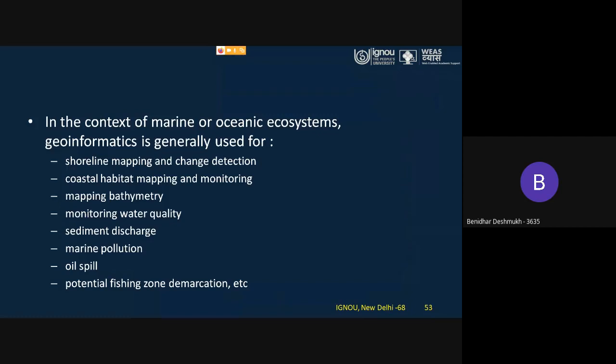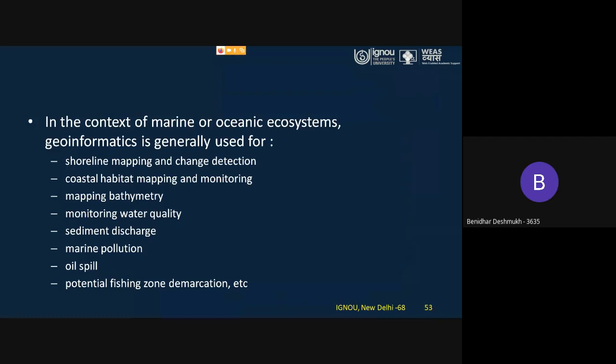There also the remote sensing data is used, particularly the chlorophyll concentration and the temperature. The thermal gradient and the availability of nutrients, these two things are important parameters for finding fish in some part of the ocean, coastal area.